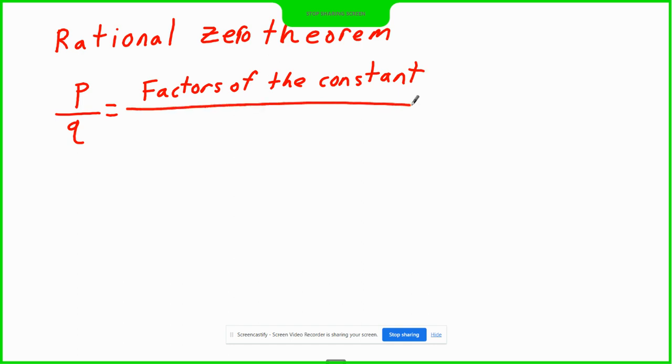The Q will represent the factors of the leading term.